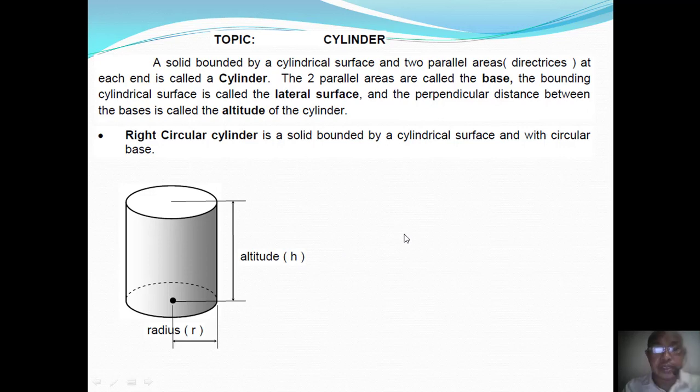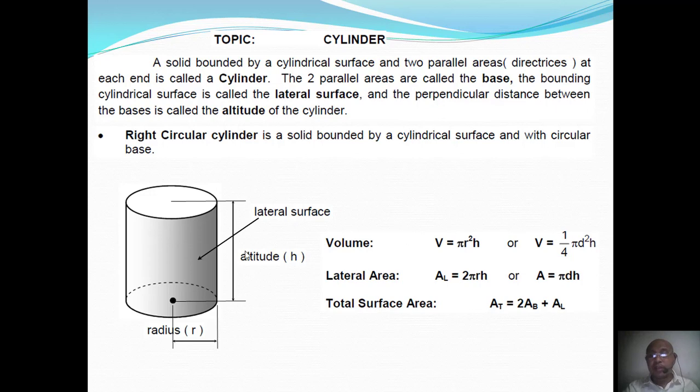So what are the formulas that we can apply? Volume equals pi r squared h, or 1/4 pi d squared h. By the way, the formulas for volume and surface area of a cylinder and a prism are just the same. A cylinder can also be termed a prism and a prism can also be termed a cylinder.